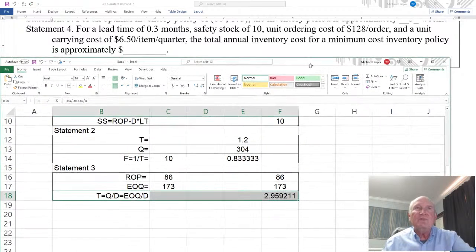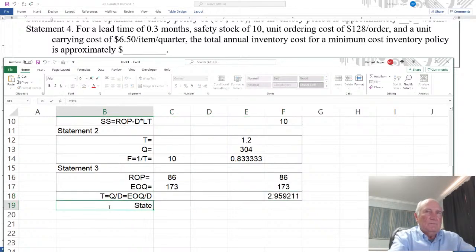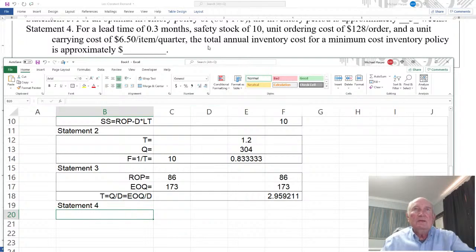Now, statement number 4. For lead time, let's say statement 4 here. Okay. So now we have a lead time of 0.3 months, safety stock of 10, unit ordering cost of 128 per order, unit carrying cost of 6.50 per item per quarter.